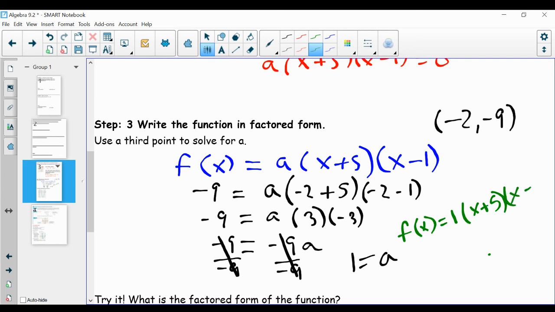Or like I said, you don't have to put it. It could be f(x) = (x + 5)(x - 1). And the only reason that you don't have to put it is because the a was 1. If the a was anything else, you would have to include it.